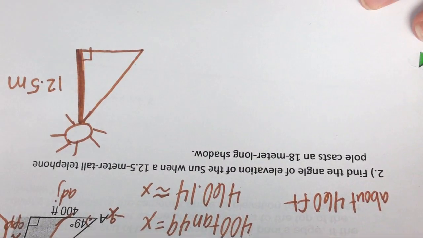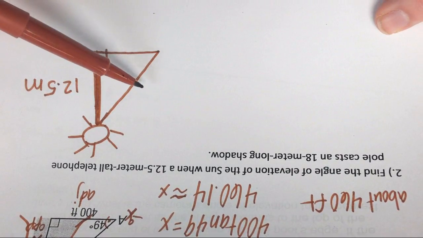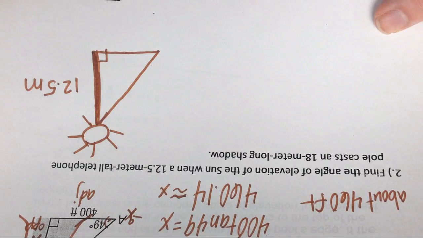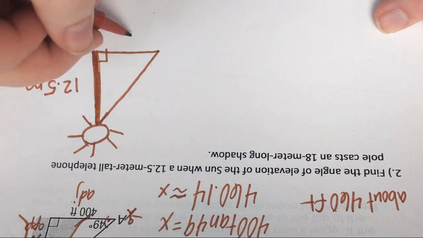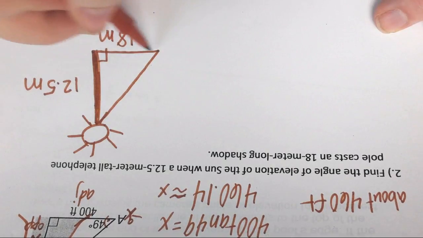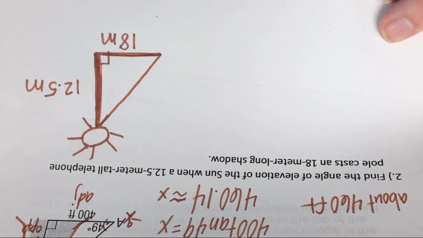Okay, and then I've got to put an 18. I'm either going to put the 18 on the hypotenuse or I'm going to put the 18 down here. Where do shadows happen? On the ground. Thank you. So I'm going to put the 18 down here because the shadow from the telephone pole would happen on the ground. Very smart. Some good common sense going on there.